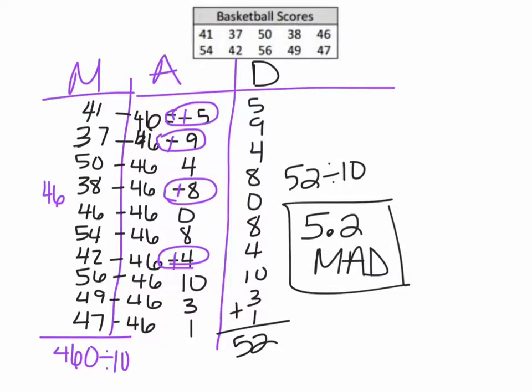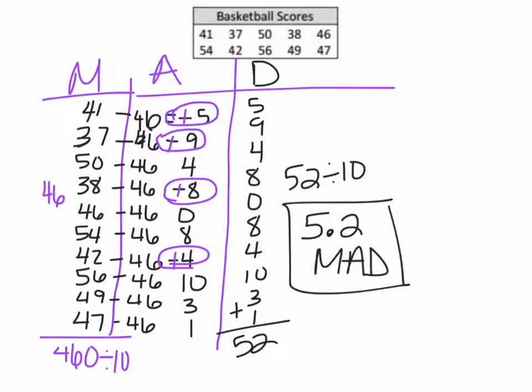Okay, so again, all we're doing is we're finding the average of every single number in the table, and we subtract every single one of those numbers by your average, and then you have to tell me how far it deviates off of each one, and then you're going to find the average of that deviation. Okay, so again, we averaged then we subtracted the average, and then we averaged the absolute value of the answers.